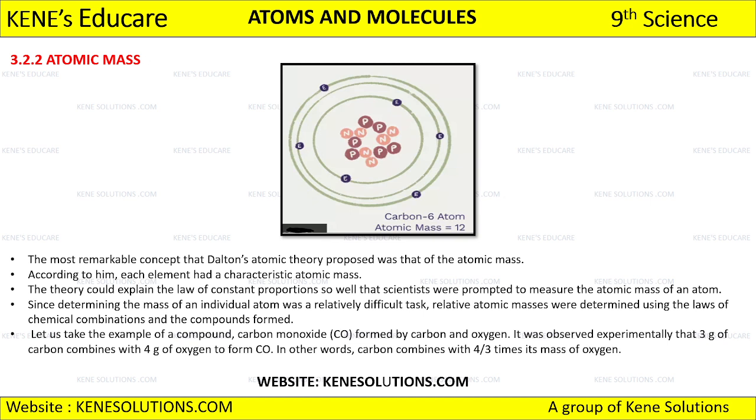It was observed experimentally that 3 grams of carbon combine with 4 grams of oxygen to form carbon monoxide. So in other words, carbon combines with 4 by 3 times its mass of oxygen. Okay.